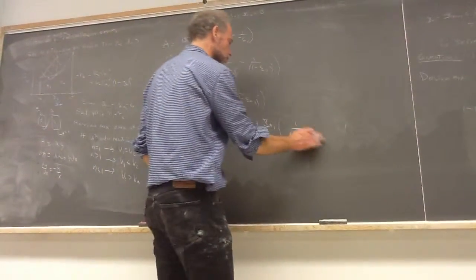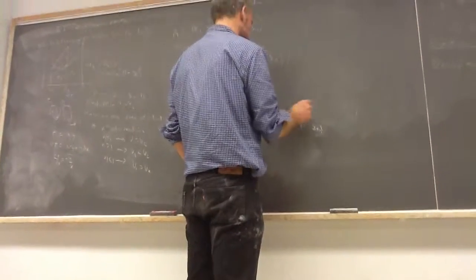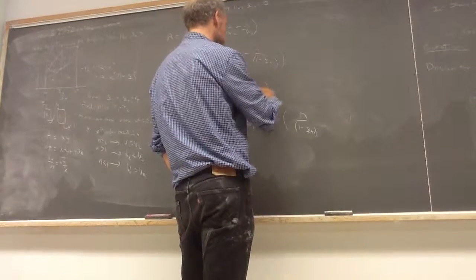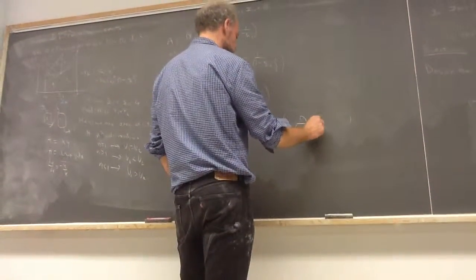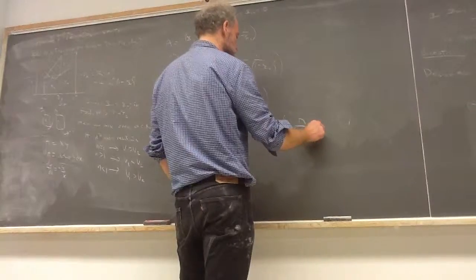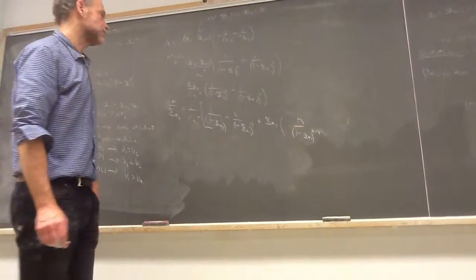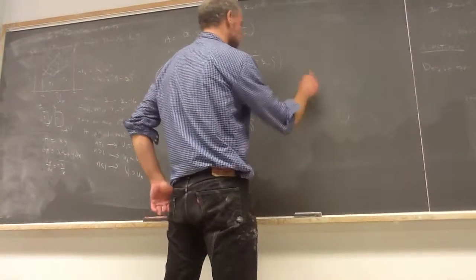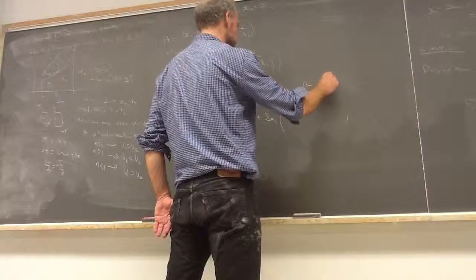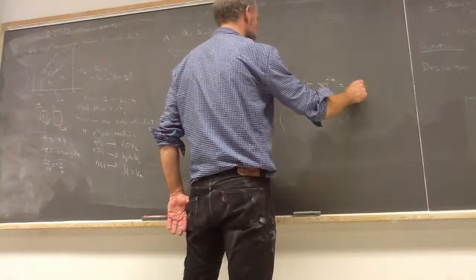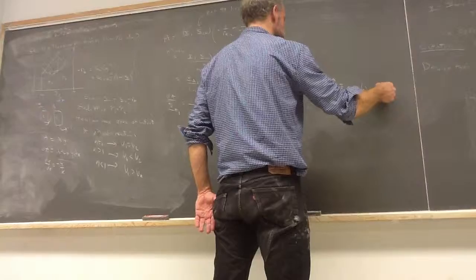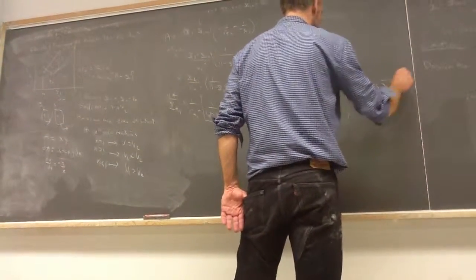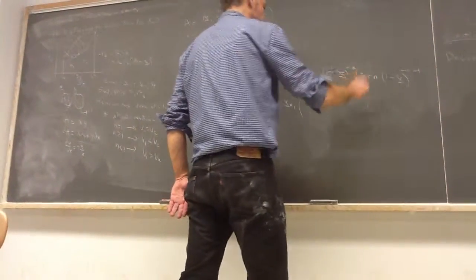I'm sorry. Now I'm getting confused. So it's minus n plus 1, and minus 1. Right? Now I'm getting it. Okay. So I've got the derivative of 1 minus x to the minus n. So this is minus n, 1 minus x to the minus n plus 1, times a minus 1.